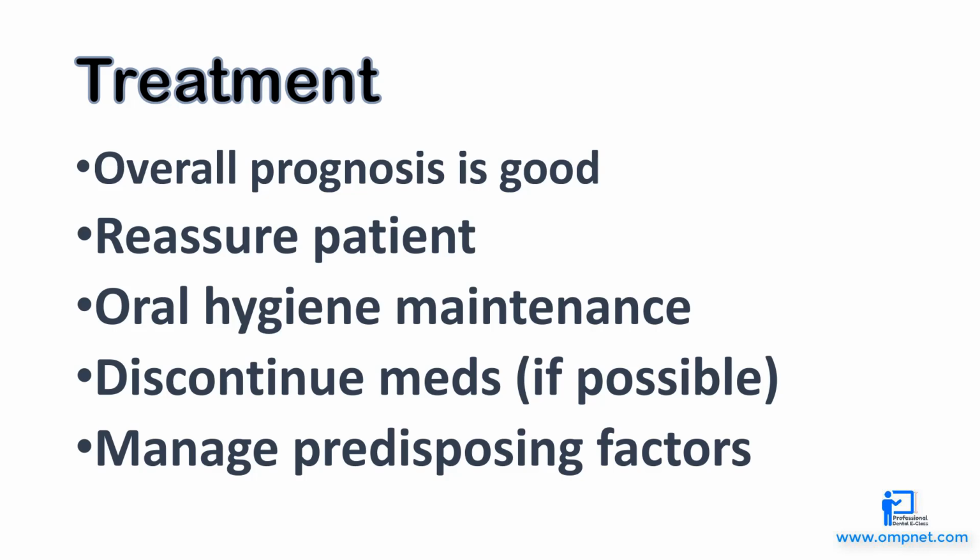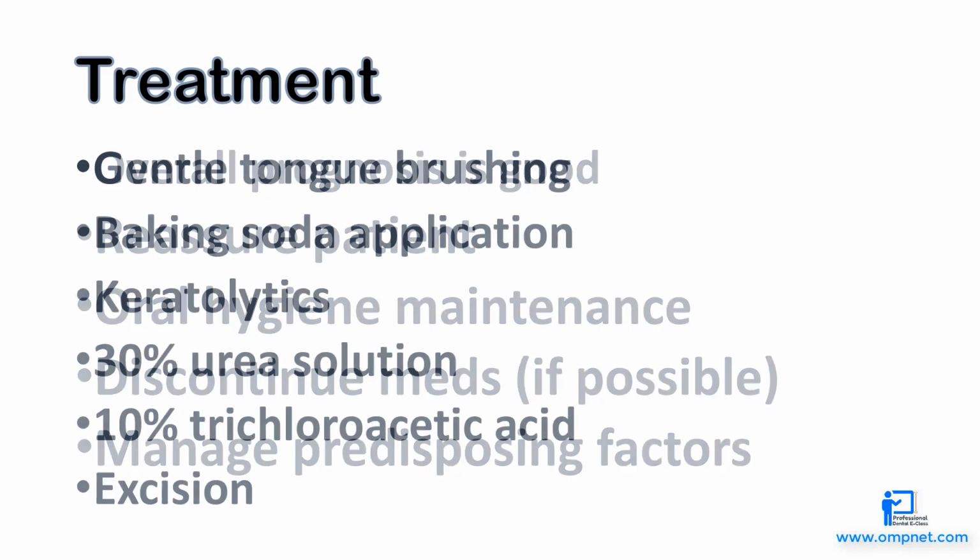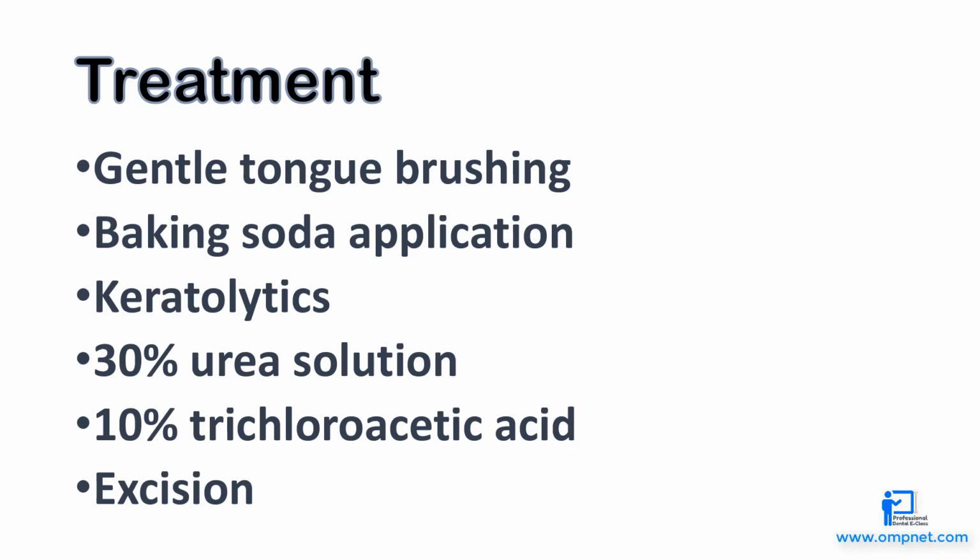The treatment, and therefore the prevention of hereditary tank or pseudo-hereditary tank for that matter, involves 3 main strategies: patient reassurance and motivation, maintenance of a reasonable oral hygiene, and then the modification of predisposing factors in order to prevent recurrence. In the meantime, some active treatment may be performed.